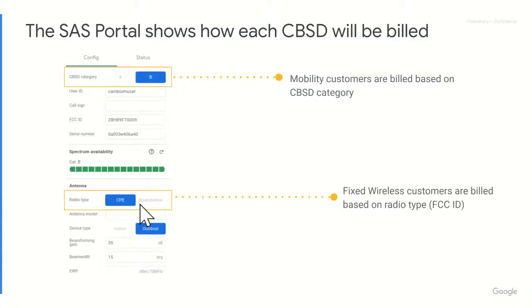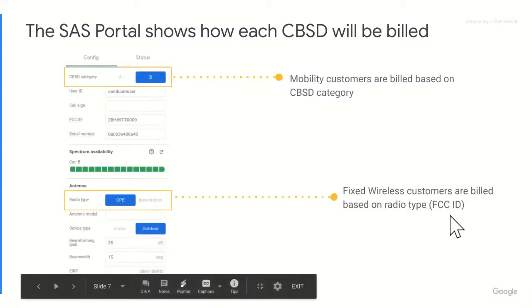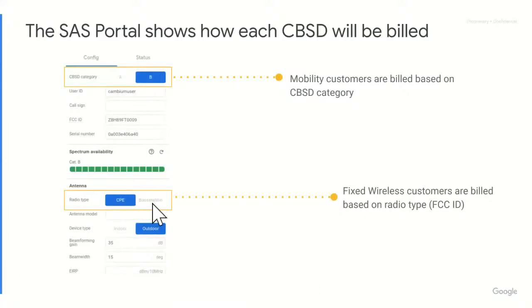The fixed wireless folks should look here. The radio type is shown in the SAS Portal UI. Where do we get that information? From the FCC ID. So your device's FCC ID means it is either a CPE or a base station.